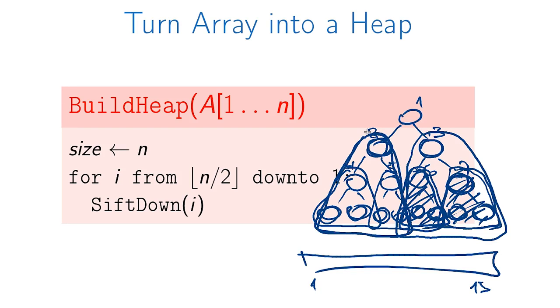So in this example, the last thing that needs to be done is to call sift down for node number 1. When we are done with this, we are sure that what we have in array A is actually a heap. So it corresponds to a complete binary tree where the heap property is satisfied on every edge.